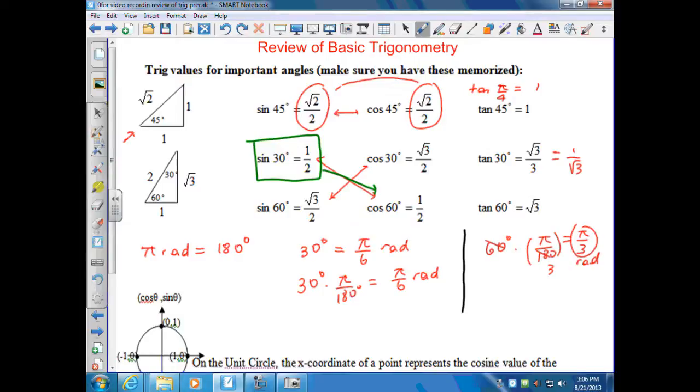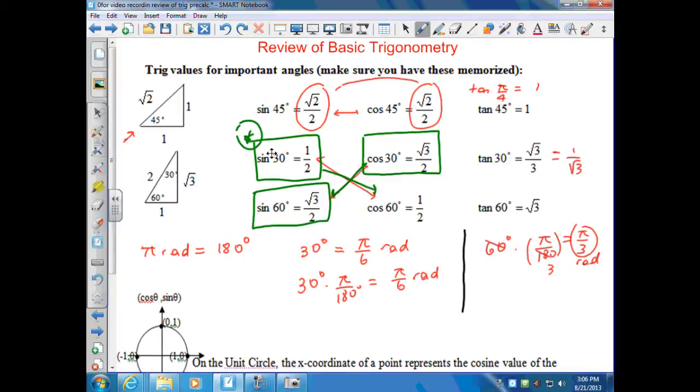And then cosine of 30 would be the remaining value, because there are basically three values here: root 2 over 2, 1/2, and root 3 over 2. If you know sine of 30 is 1/2, cosine of 30 will be the other value, root 3 over 2. And that will be the same as sine of 60 degrees. Again, all I remember is this one, and that there is another value, root 3 over 2. And we can easily get the other ones from that.